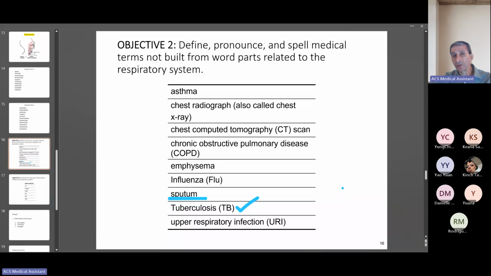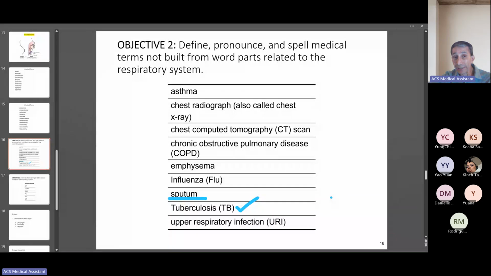We need to collect your sputum because your sputum comes from your lungs, and tuberculosis is a bacterial infection that, if it happens to you, will be inside the lungs. Tuberculosis is very dangerous. It is contagious. It kills.